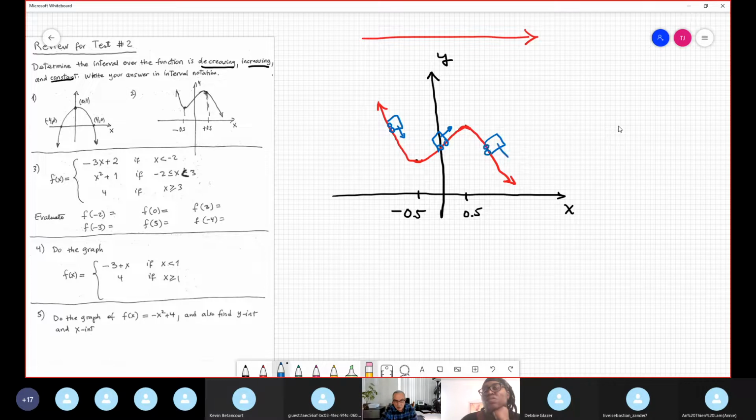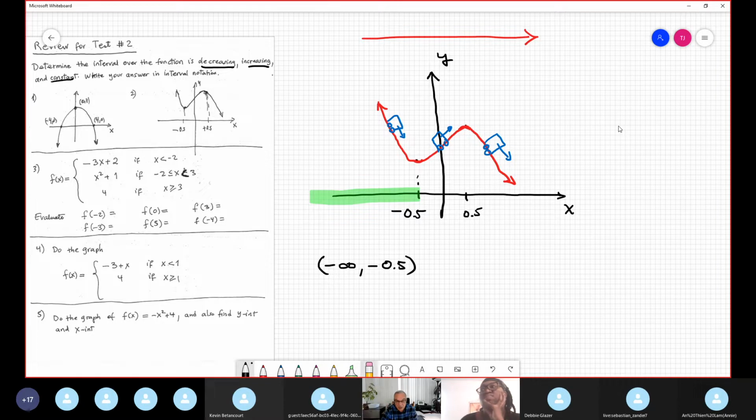Like that. Okay, here I can see clear like water. From negative infinity to negative 0.5, my roller coaster is going down. Entonces now it's the decreasing behavior. Decreasing is from negative infinity, comma, negative 0.5.